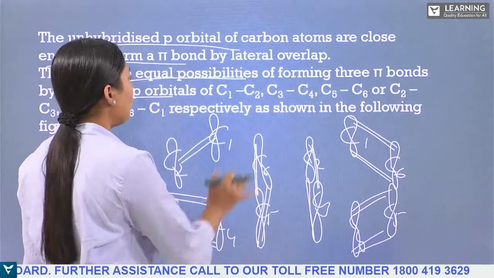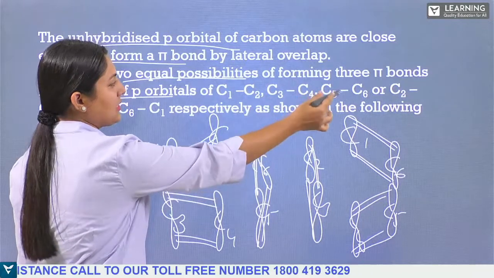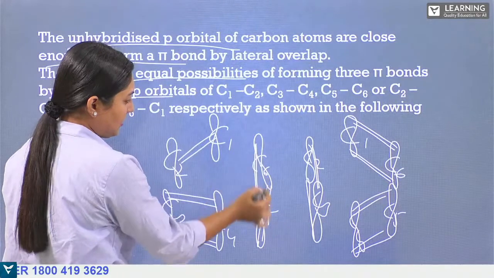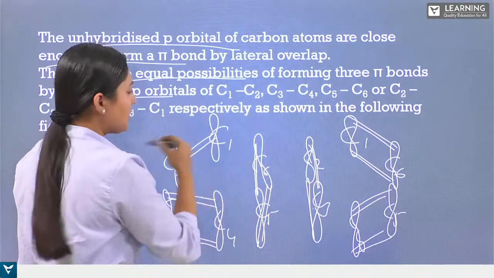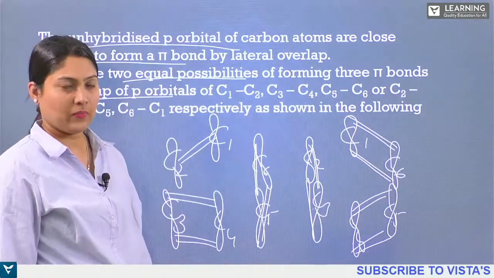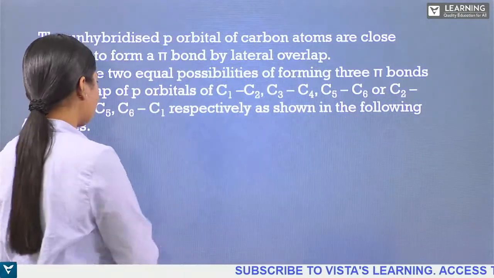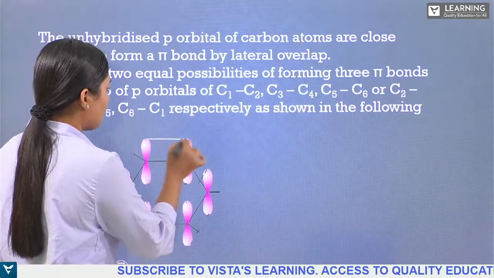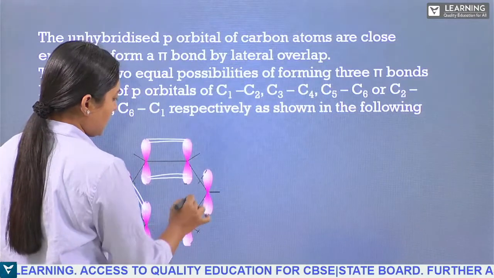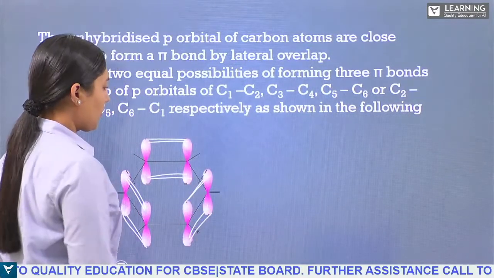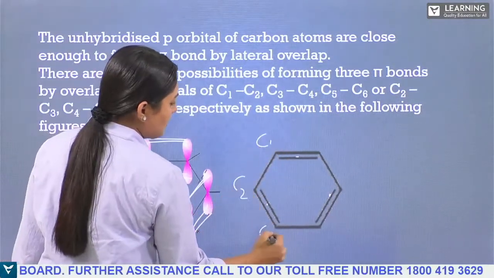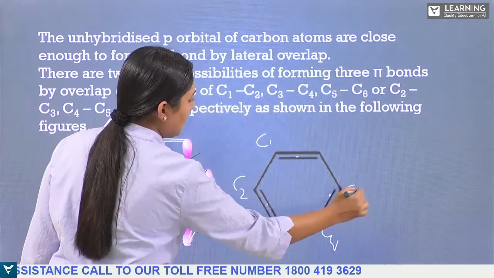Getting it? So we have C1, C2, C3, C4 and C5, C6, or C2, C3, C4, C5 and C1 and C6, as you can see here. Here again you can see these two, these two, these two, which gives you the structure C1, C2, C3, C4, C5 and C6.